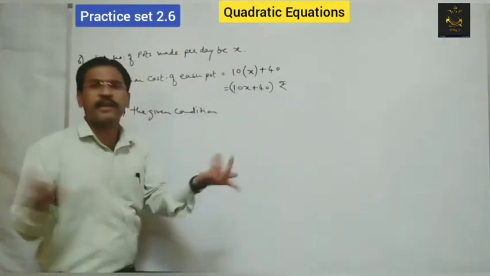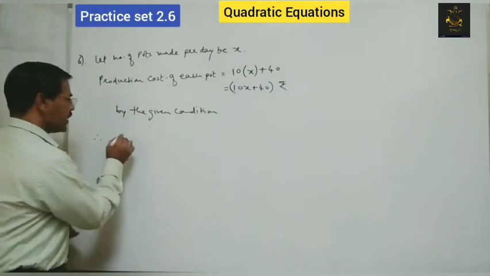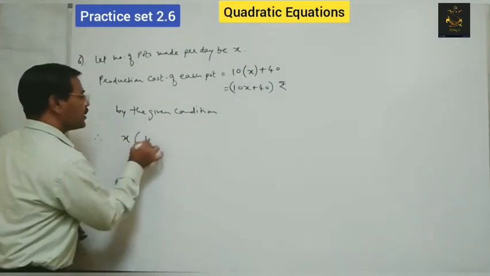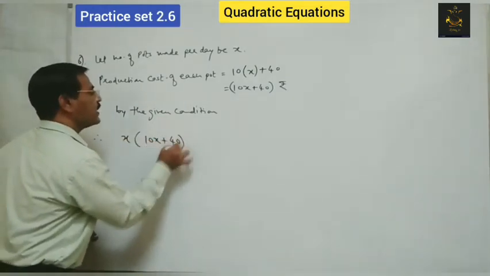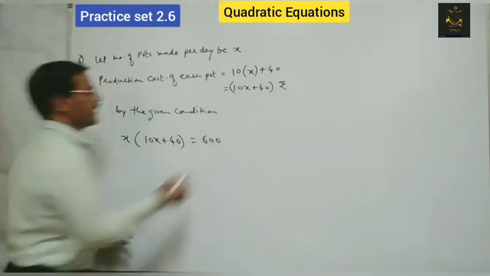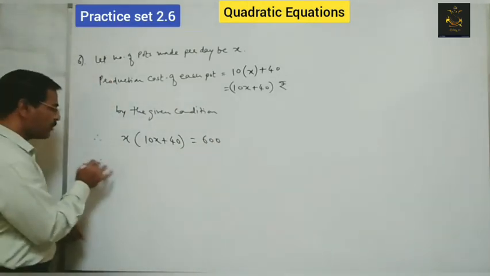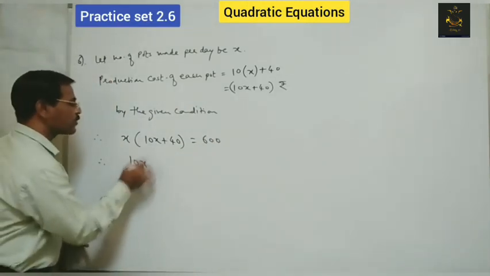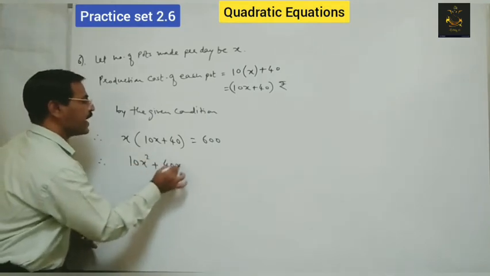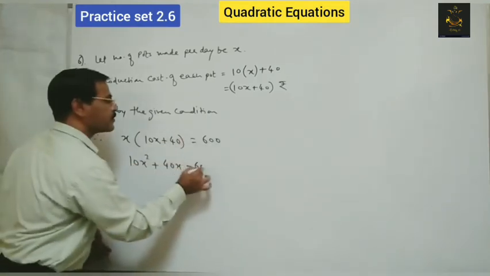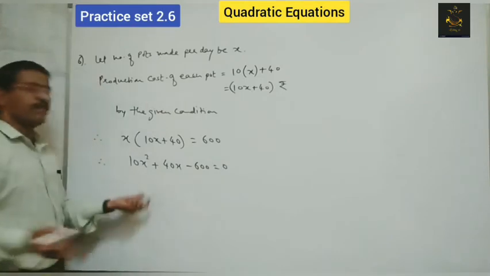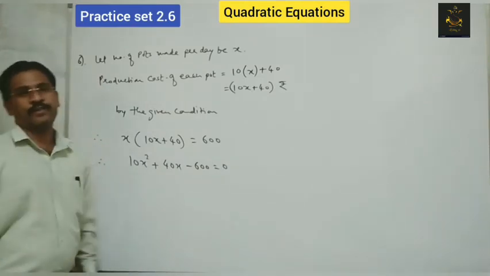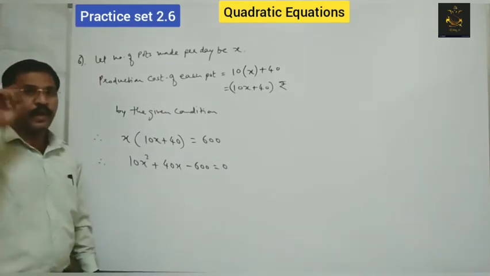So their product is 600. Means x into (10x plus 40) is 600. Finish. Now try to simplify. Here it is 10x square plus 40x, and that 600 comes to this side. Like this, we made one quadratic equation. This is very important. Okay, understand?